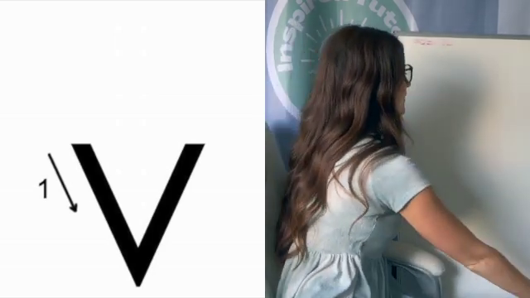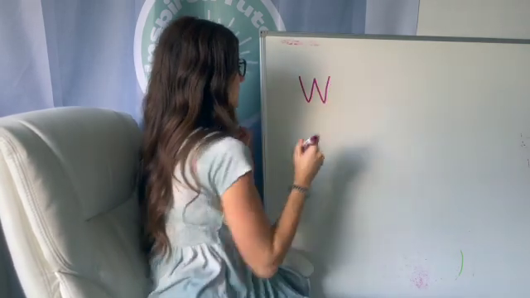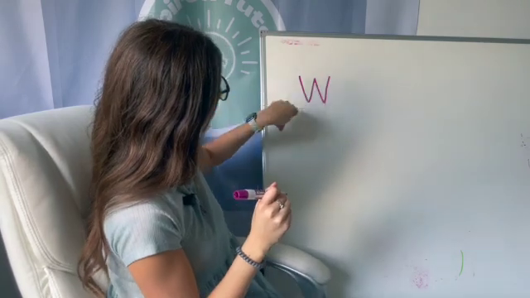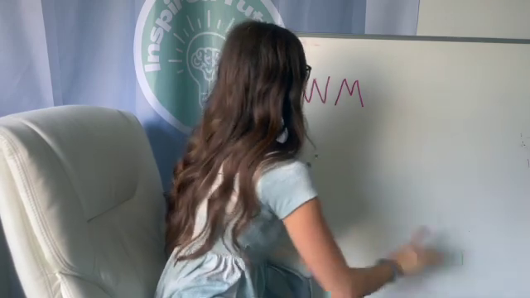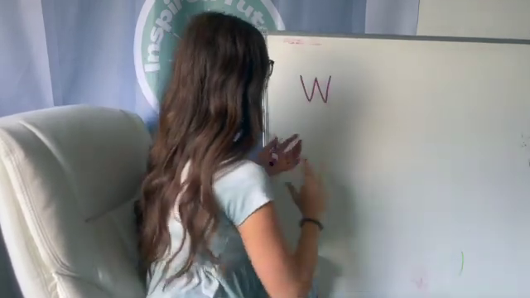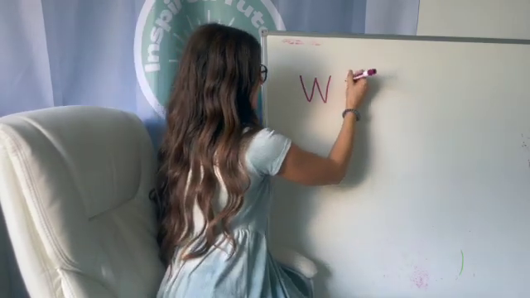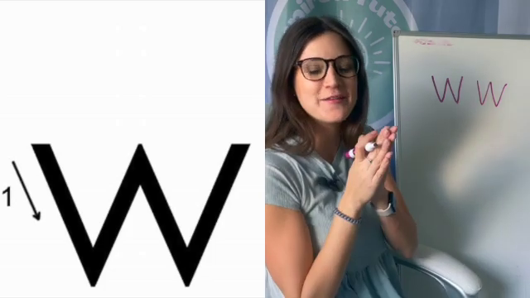Our next letter is the letter W. So look, if you turn it around, it could look like an M. Let's try and write it. So it's also two V's. One V, two V's. And you're just putting them together, okay?